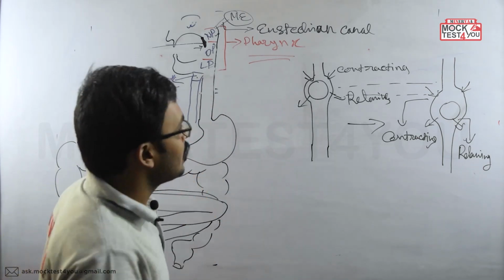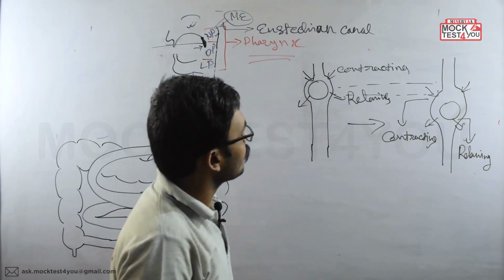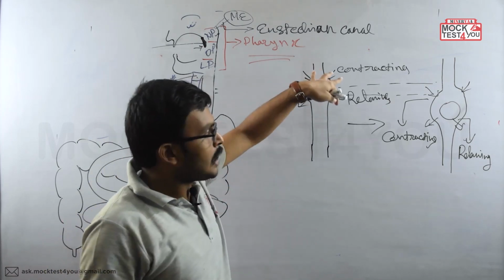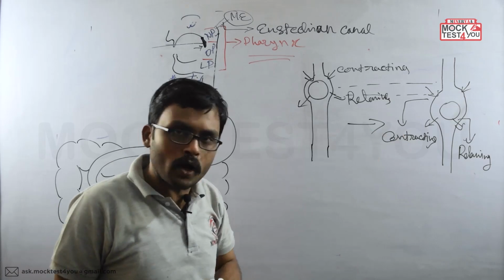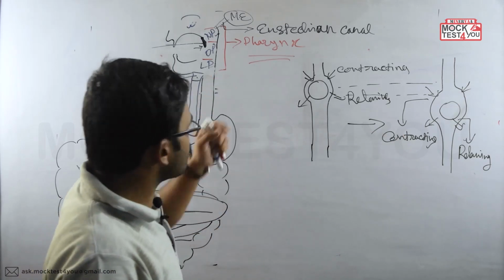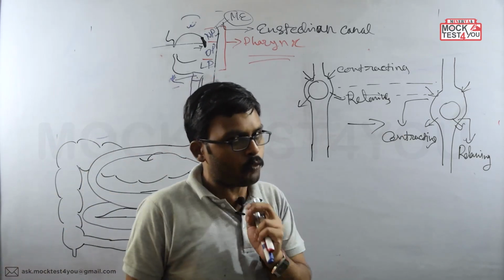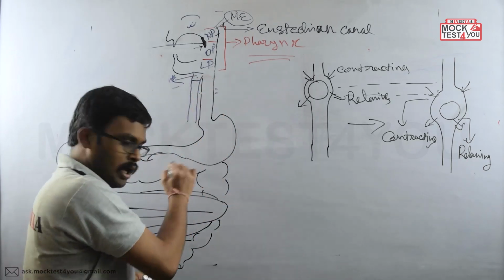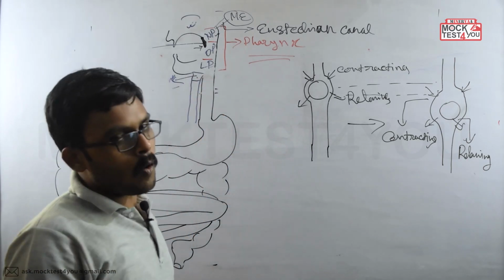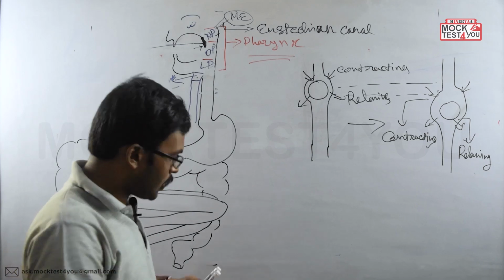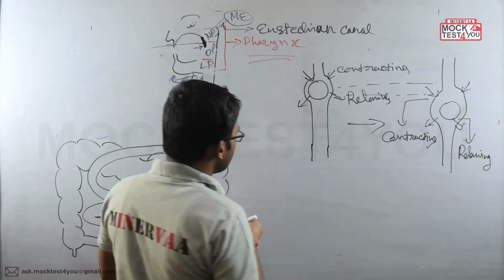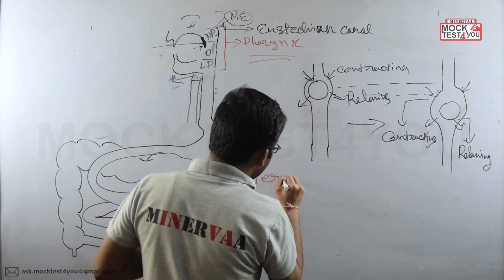Okay? Clear? Now, this alternate contraction and relaxation is known as what? The alternate contraction and relaxation, because of which the food is coming down throughout the alimentary canal, is called peristalsis. It is called peristalsis.